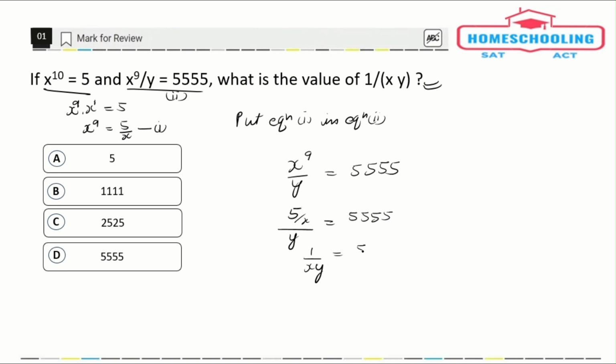So this one would be 5555 divided by 5, which gives 1111. Hence your answer is 1 by xy equal to 1111. So option B is your correct answer.